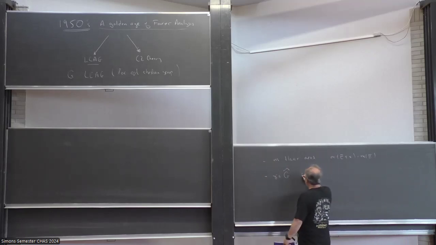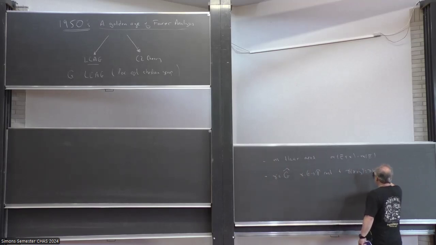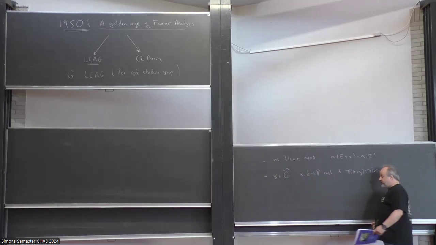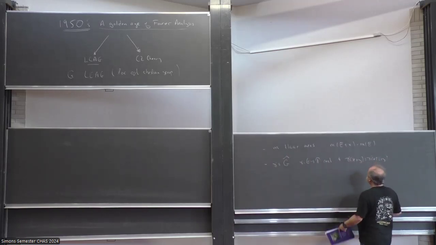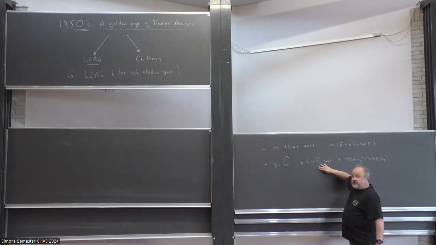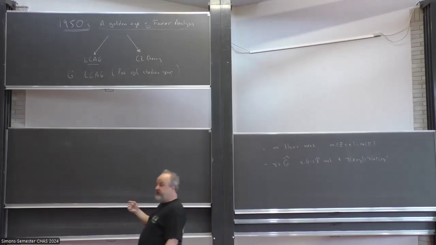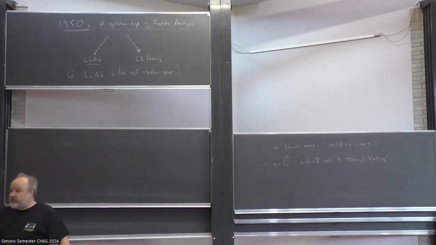These are mappings from the group into the circle group, which are continuous, and they preserve the additive structure: gamma of x plus y is equal to gamma of x times gamma of y. So just by the abelian structure of the circle group, the target space, it gives me an abelian structure on this dual group. So it carries a natural abelian group structure.